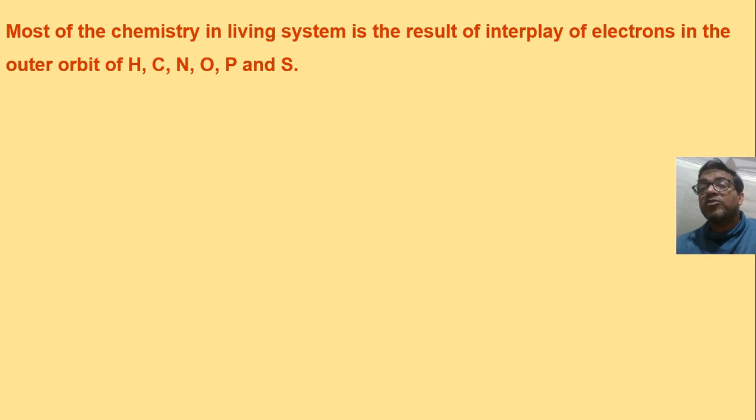So actually our body is constituted of all these chemicals, mainly the CHNO. So that's why it is very important that the living systems are the result of interplay of the electrons.